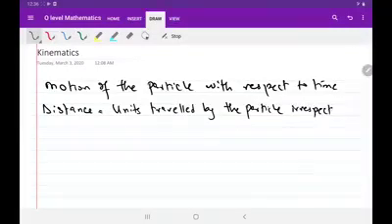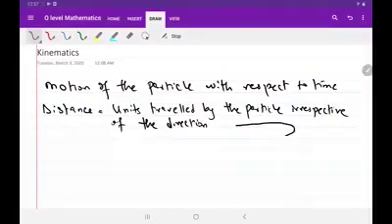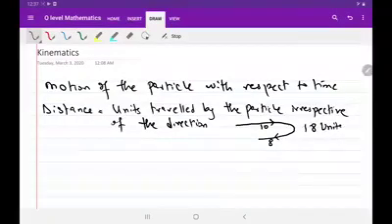Whichever direction the particle is moving in does not make a difference. So if a particle travels 10 units on the right and 8 units on the left, in total it has traveled 18 units.